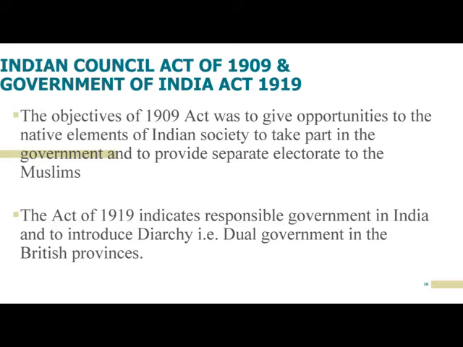So the main aim, the purpose or the object of this act was to vest the power in the hands of the people of India and to create opportunities for the people of India to take part in the organization or administration.